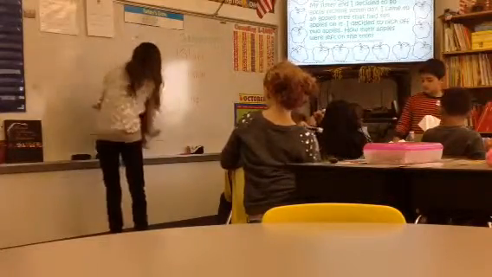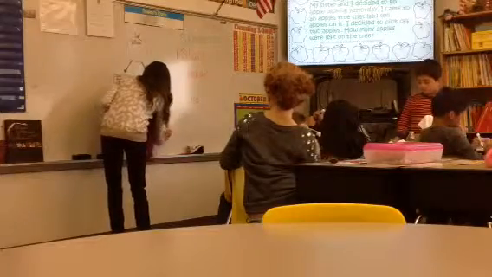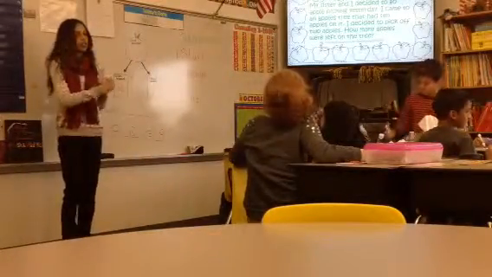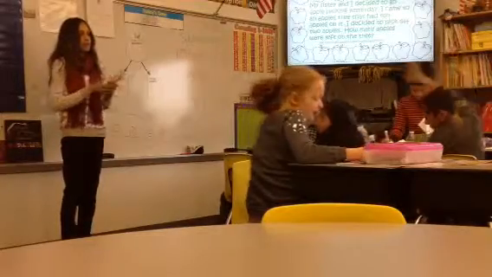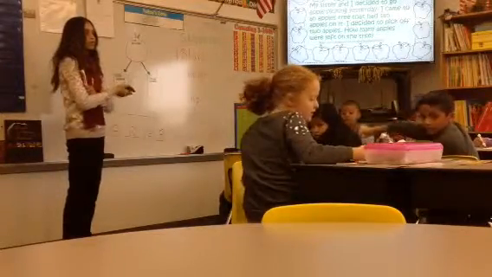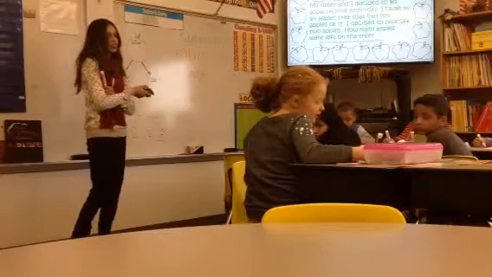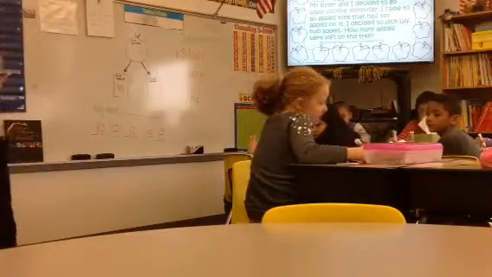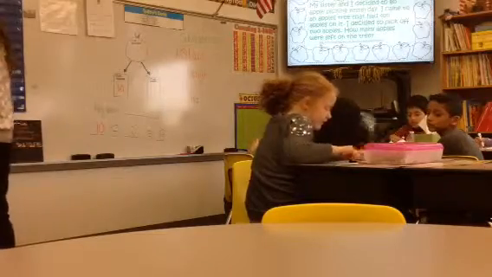Good job. How did you do that on your hundreds chart? Because when I looked at 10, I counted back 1, 2, and then I circled it, and then I found out that the answer was 8.